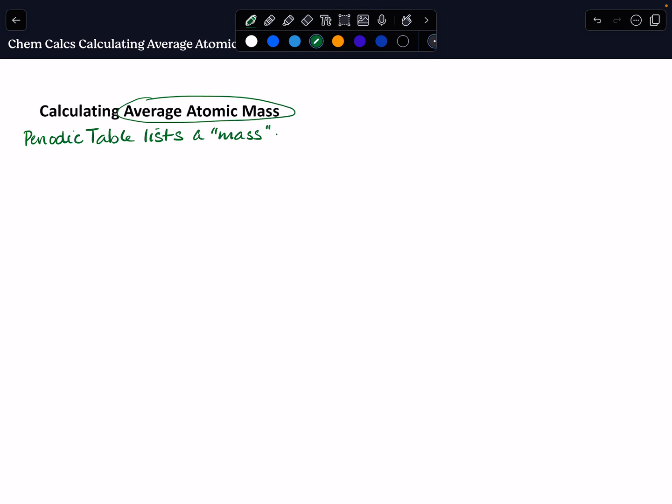And that's because this is the average atomic mass of the element. That means it's taking into account all of the isotopes of that particular element, and it's averaging the masses of those isotopes to get this average atomic mass.